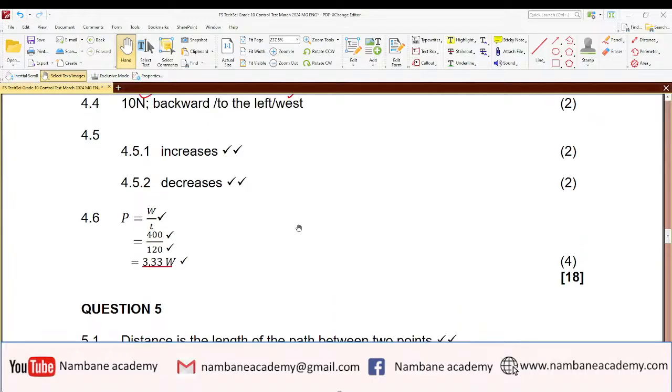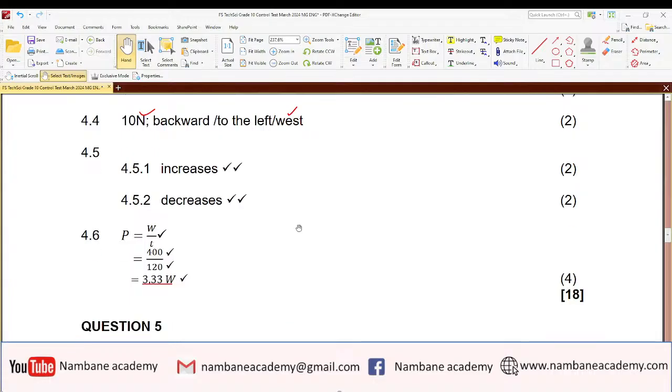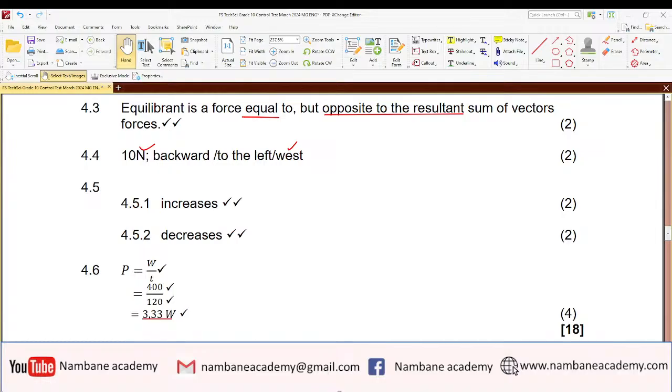Ladies and gentlemen, that is all with now question 4. I will pause a little bit and allow you to raise hands and give me any inputs or questions that relate to question number 4.